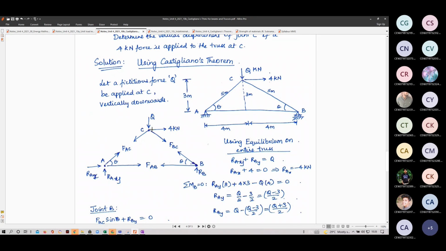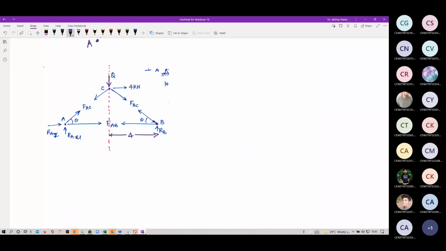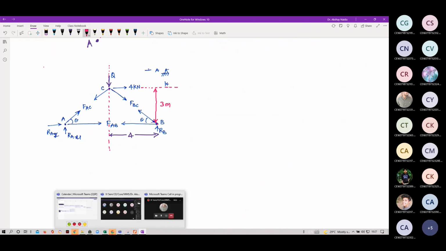Then due to this 4 kilonewton force, again what you have to consider is the line of action of the force and the distance of the point about which we are finding the moment. This is 3. So 4 into 3, force times the perpendicular distance.